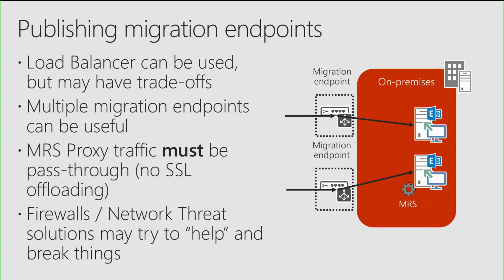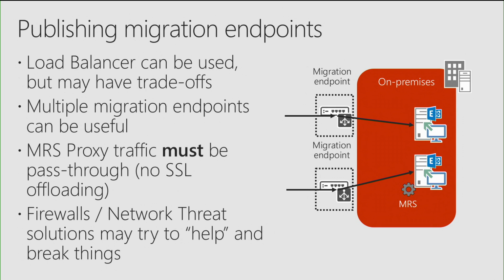In general, we also recommend not utilizing network threat detection solutions, whatever that may be as a generic category, for this traffic. So we want to have this traffic flow be as simple as possible.